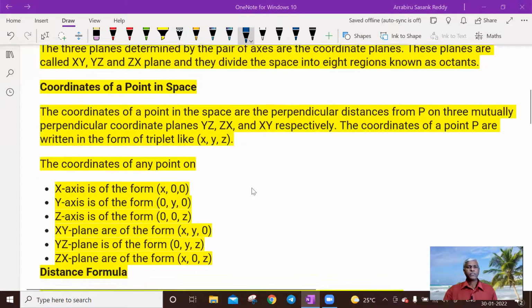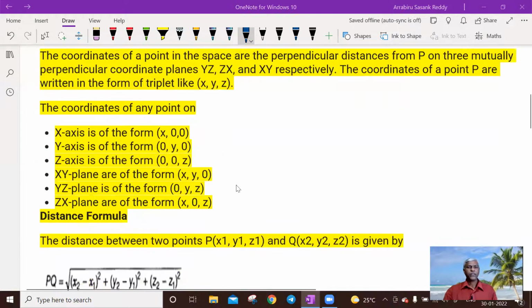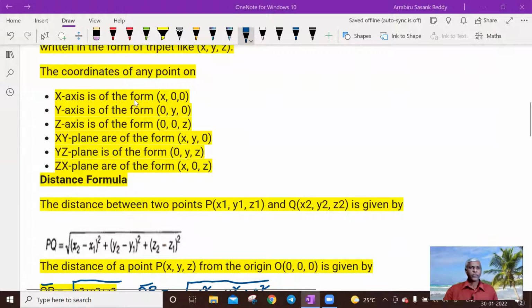You can remember these points. For a point on the x-axis, the y and z coordinates will be 0. You can recollect the same thing in 2-dimensional geometry: a point on the x-axis, the y coordinate is 0.